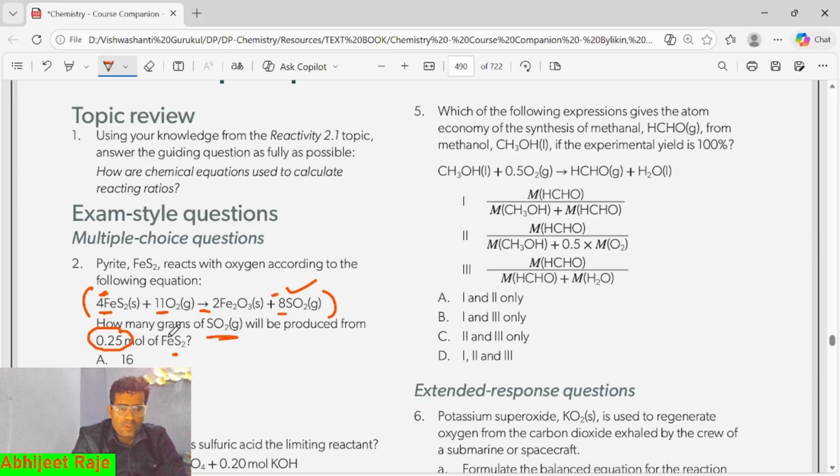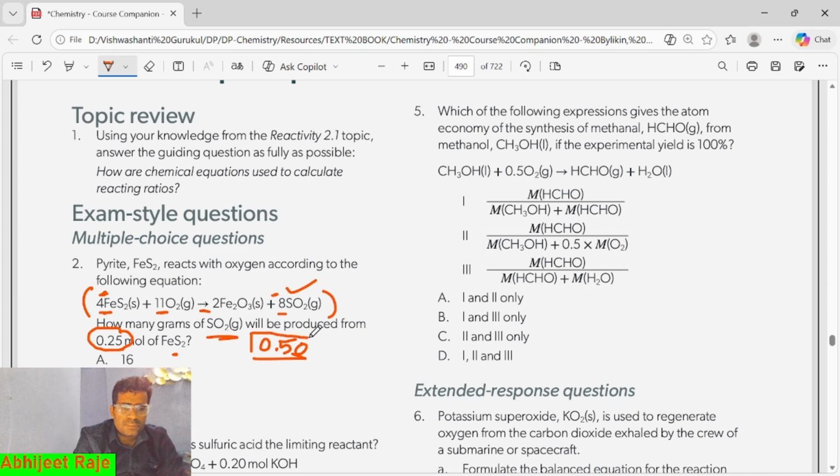Now from the equation we can see this is 4 mole and this is 8 mole, so 0.25 mole will become double, so 0.25 doubled will be 0.50, correct?